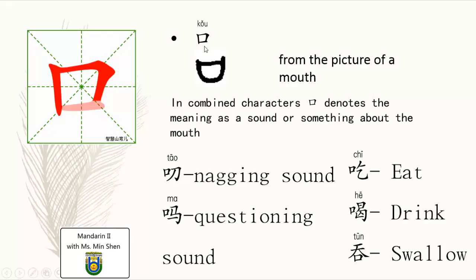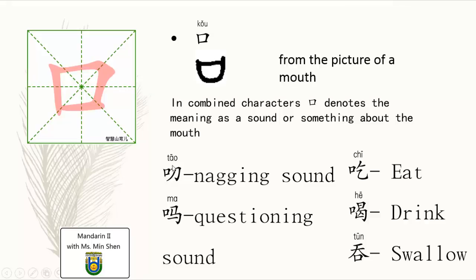口, from the expression we already know it means mouth, right? 我家有一口人. So 口 apparently is from the picture of a mouth, a picture of a smiling mouth, right? And you can see the edges of the mouth, so it's smiling, open up. And to write this character, please follow the instruction, right? 3 strokes.